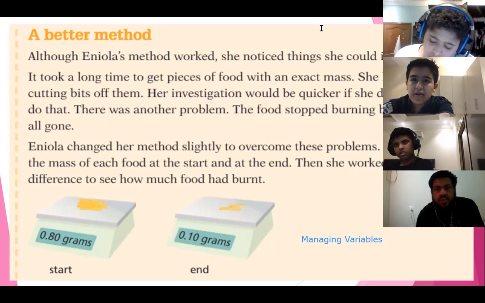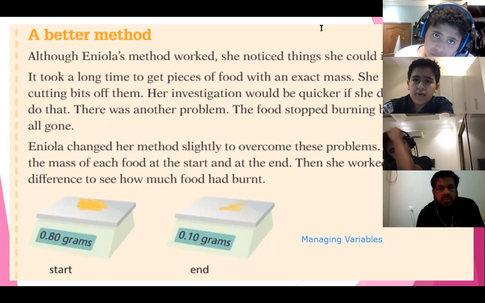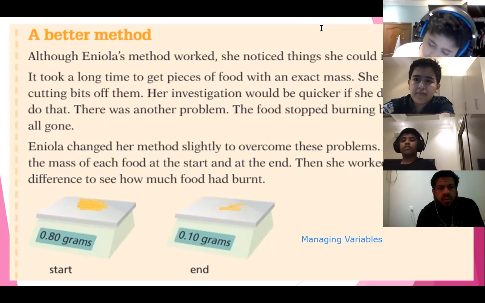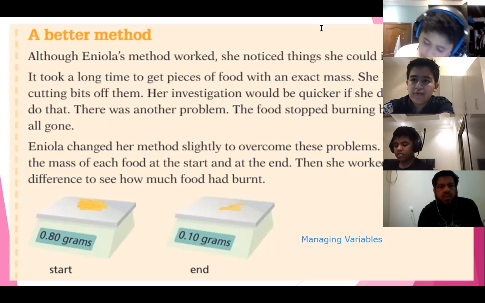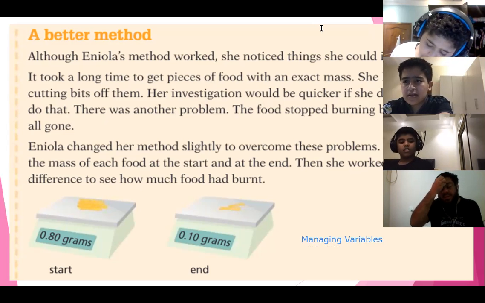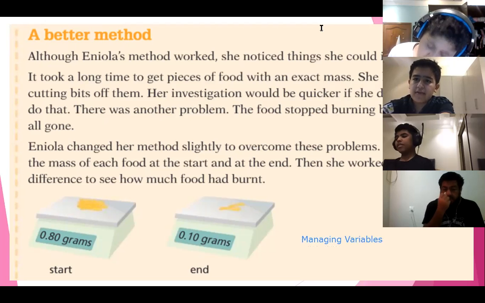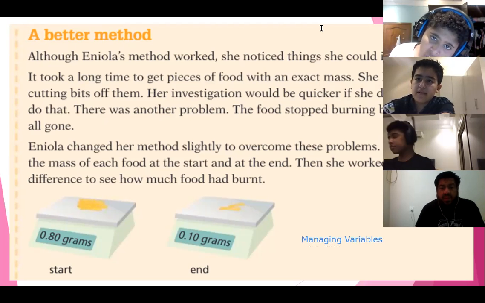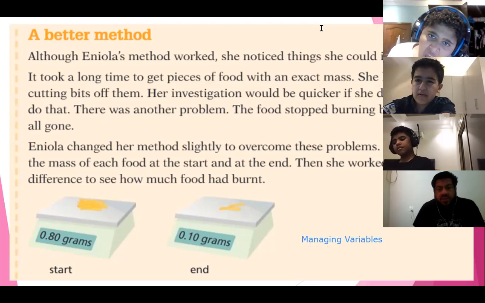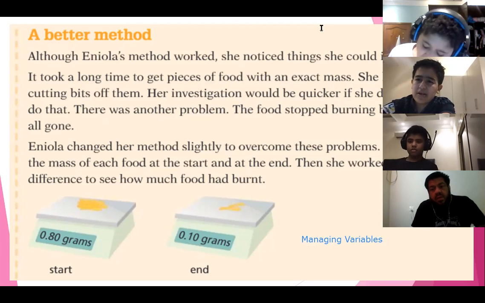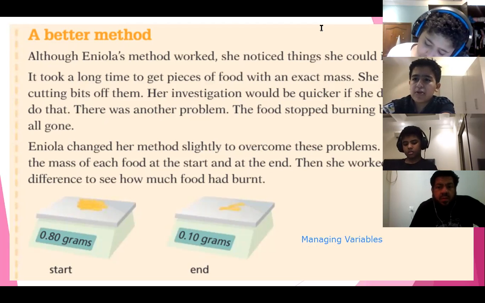A better method. Although Anola's method worked, she noticed things she could improve. It took a long time to get pieces of wood with an exact mass. She had to keep cutting bits of them. Her investigation would be quicker if she didn't have to do that.